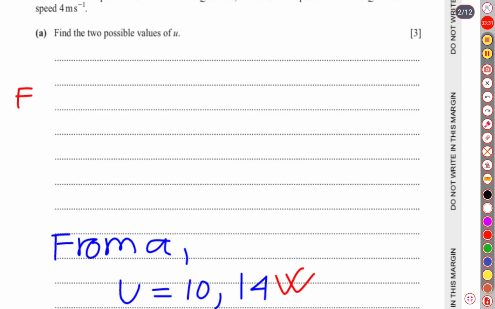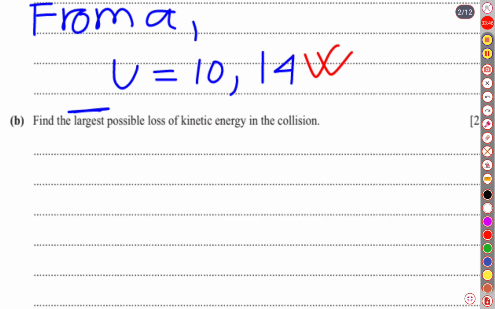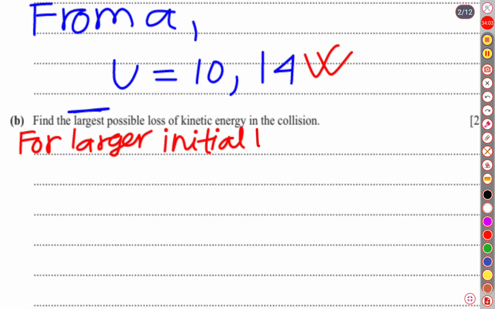This is not the solution to A, remember we are solving solution to B. So I think I should not write over here, I should write at B. Let this comment be written: for larger initial velocity, the loss of energy is also larger.